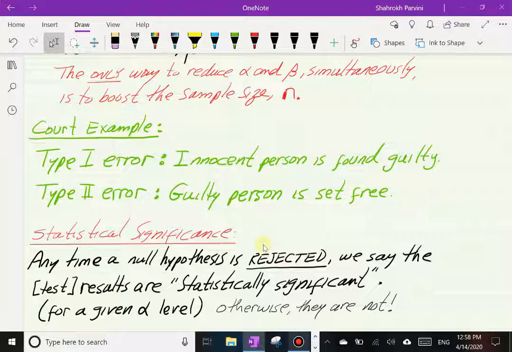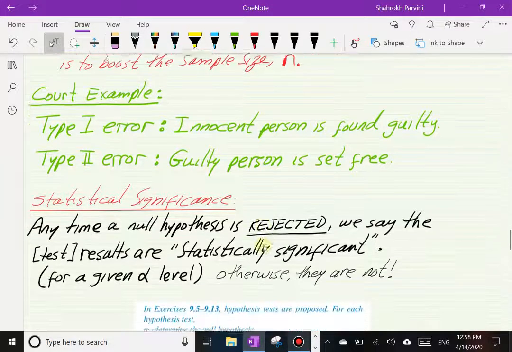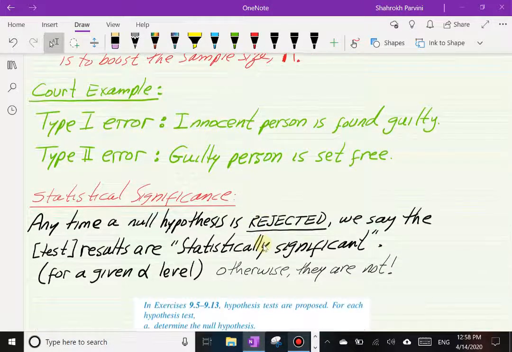Anytime we reject a null hypothesis, we say that the result of research were statistically significant. It means you went through statistical procedures and you find the result to be significant. Here, significant meaning different from the null. Of course, for a given alpha level.